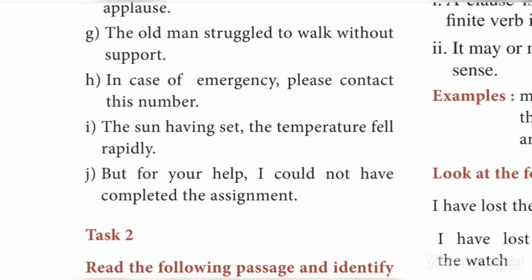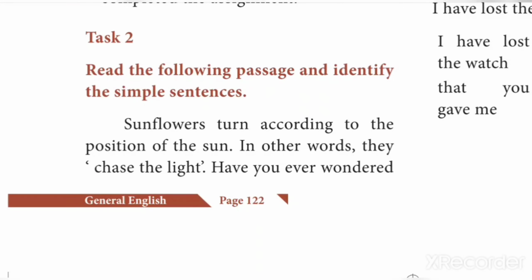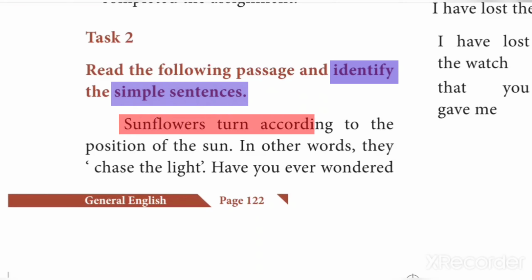We are moving on to task 2. Here the instruction is, read the following passage and identify the simple sentences. The simple sentences in this passage are, sunflowers turn according to the position of the sun.